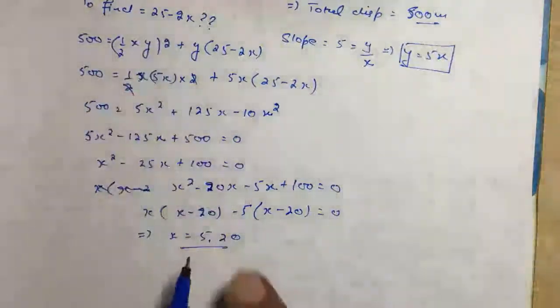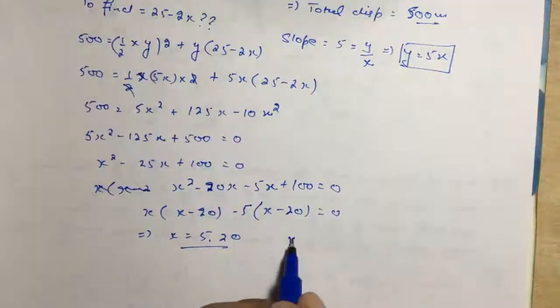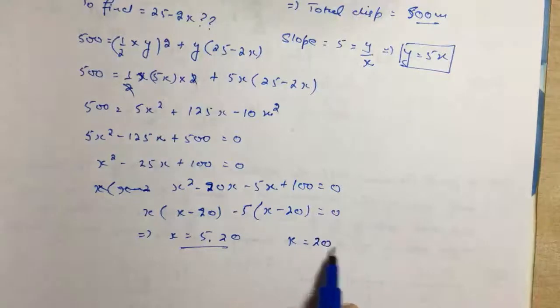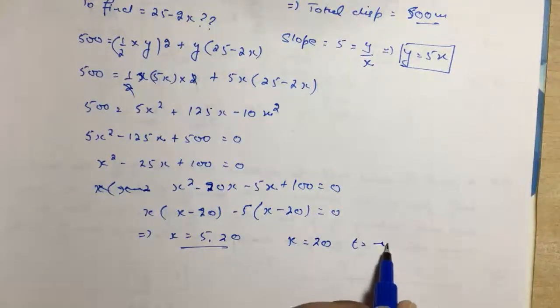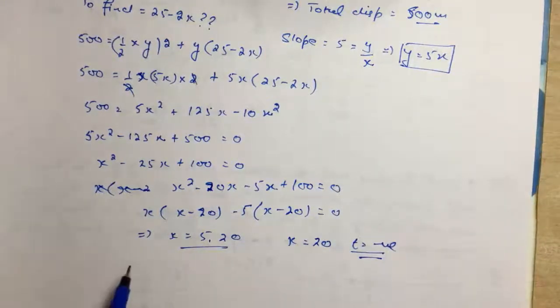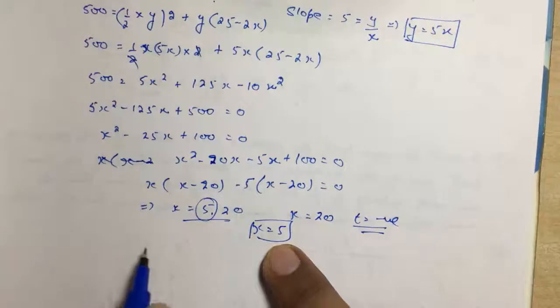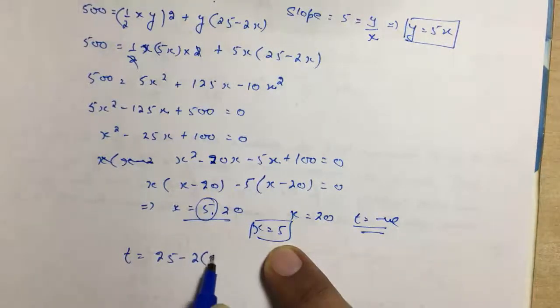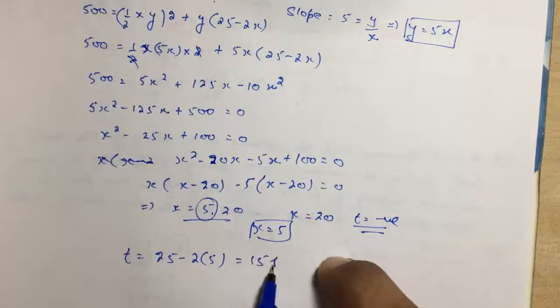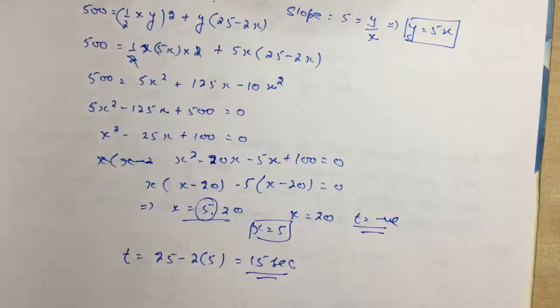If I put 20 in x, then time will be negative, and that is not possible, so I'll go with 5. So x is equal to 5. So time is 25 minus 2 into 5, that will give me 15 seconds. That's my answer. I think this is the shortest method for me. If you know a much smarter method, you can comment below the video. Thank you.